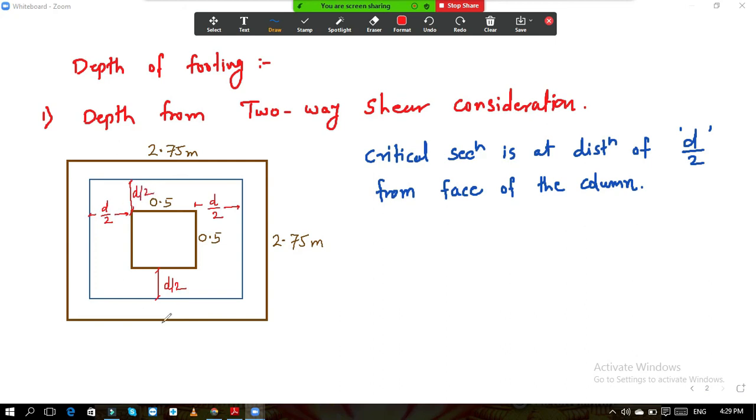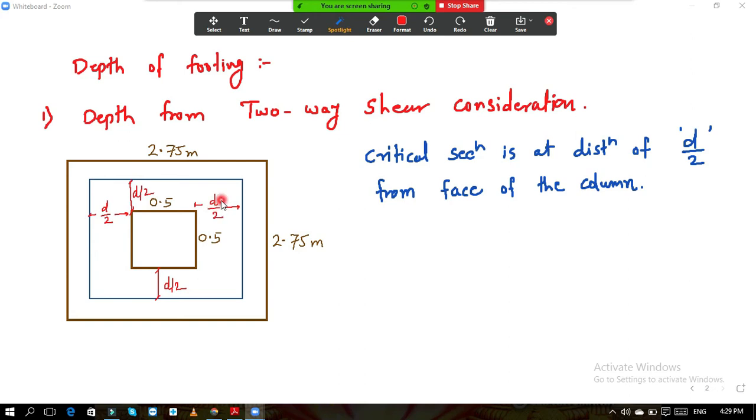So now if I want to calculate this length, which length am I talking about? Now this is 0.5. What will be the dimension of this? This comprises this 0.5 plus d by 2 plus d by 2. We don't know what the value of d is. d is nothing but the depth of the footing.